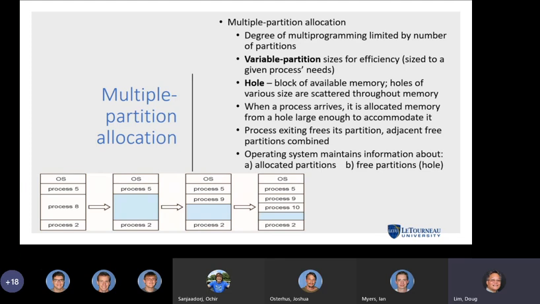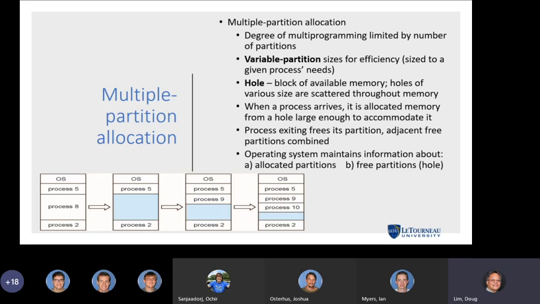You have hard partitions set aside, and the number of processes that can be managed concurrently is limited by the number of partitions. We have variable partition sizes for efficiency, sized according to the given process's needs. Basically the process will advertise how much memory it needs and desires, and you allocate them within the available memory.